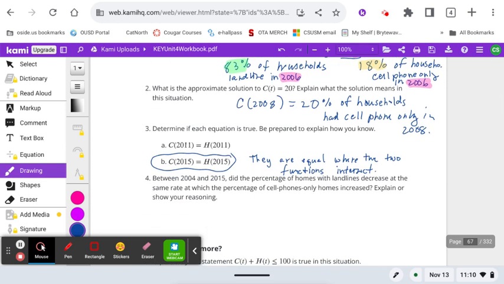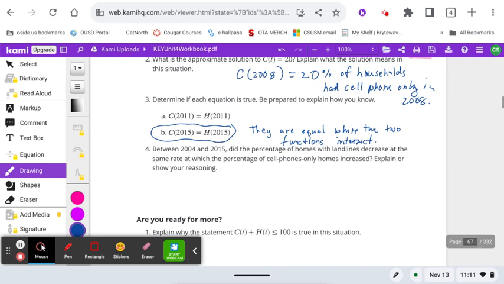Between 2004 and 2015, did the percentage of homes with landlines decrease at the same rate in which the percentage of cell phones only increased? Explain or show your reasoning. So this is where we're going to need a starting value. And the starting value is going to be on the interval 2004, and then we want the ending values in 2015.